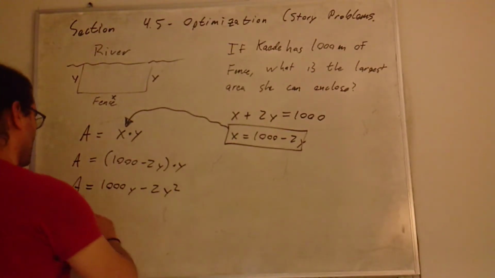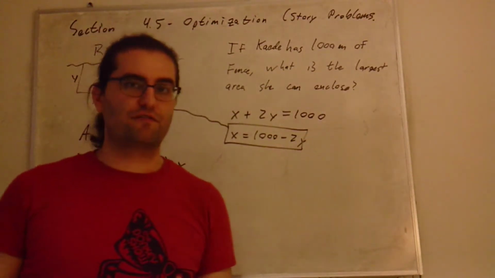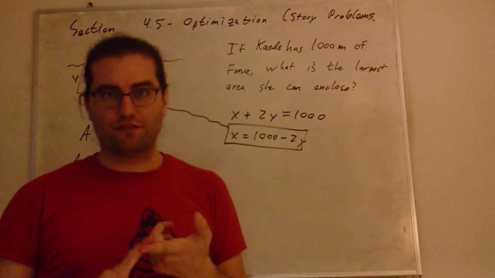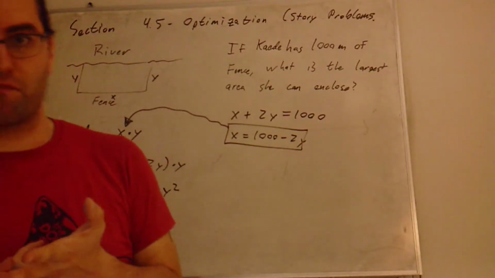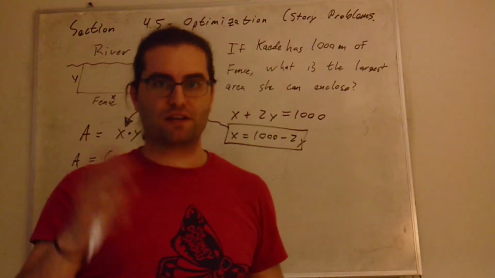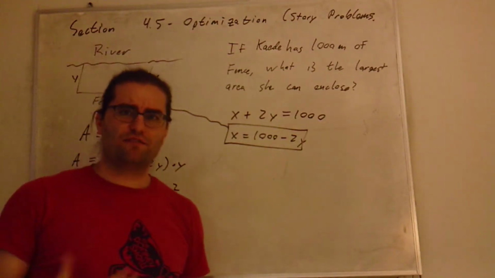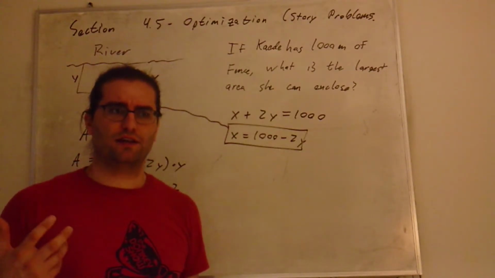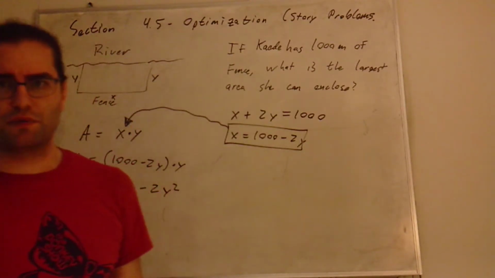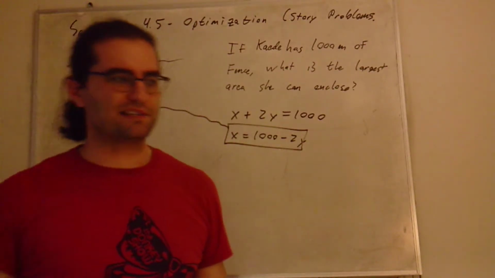If this is the area, optimizing it means the same thing that optimizing has meant for the last three sections. You take a derivative, you set the derivative equal to 0. Where the derivative equals 0 are going to give you maximums and minimums for this function. And from there you just have to use common sense to interpret what these numbers mean and which one is a maximum and which one's a minimum and whether or not that makes sense.